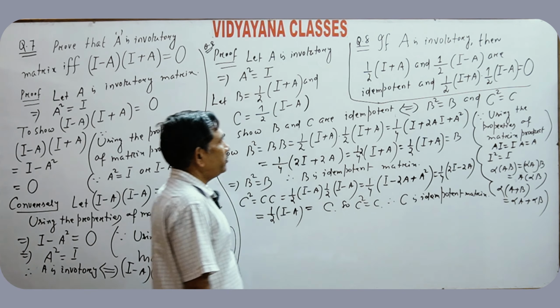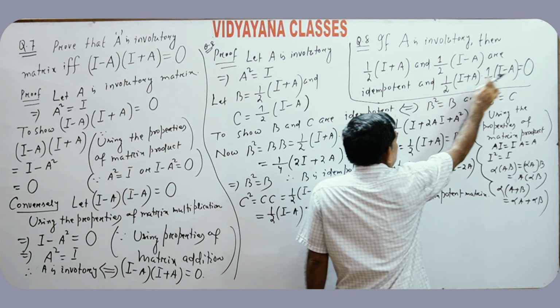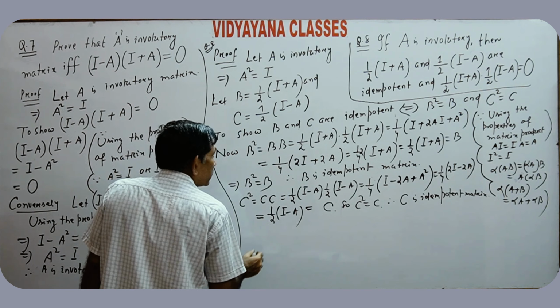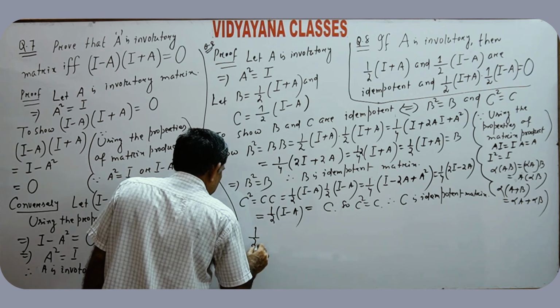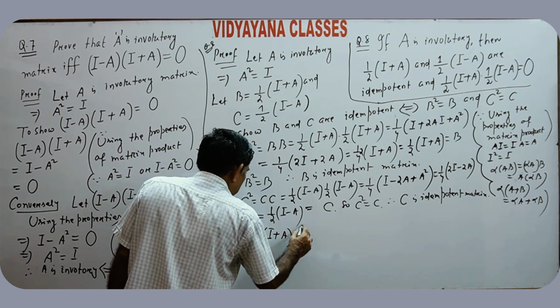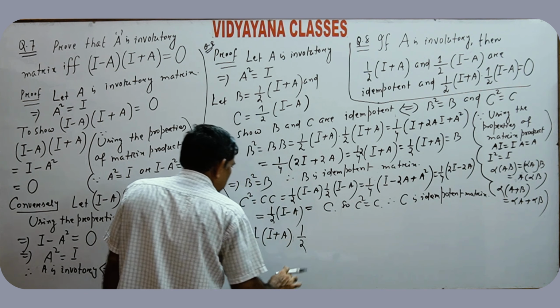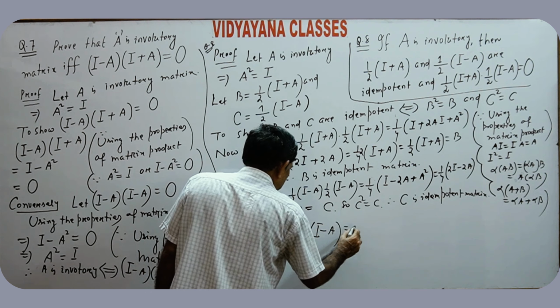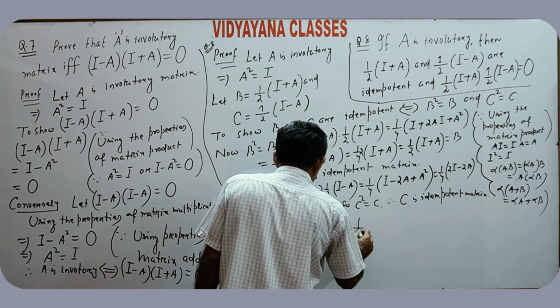Next we have to prove the product is a zero matrix. Half of (I plus A) into half of (I minus A) is the same as 1 by 4.